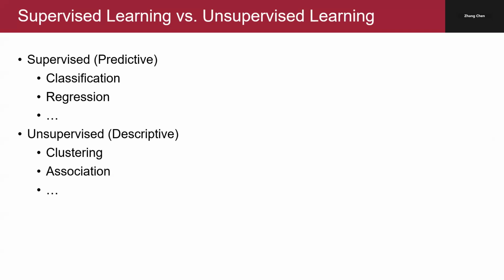In short, supervised learning predicts known targets, while unsupervised learning explores the patterns that are not explicitly labeled.